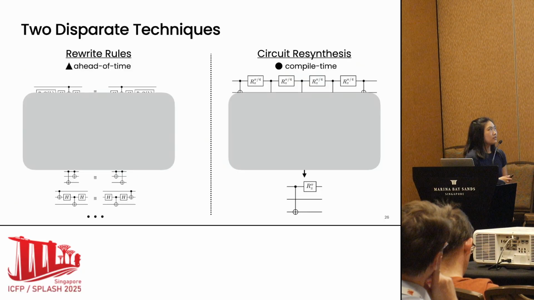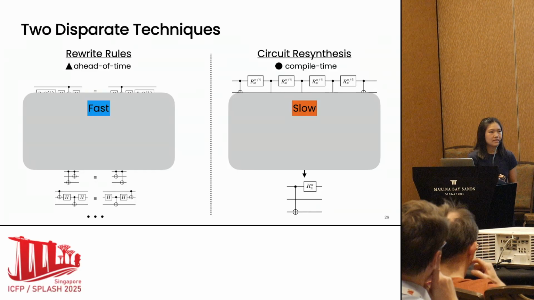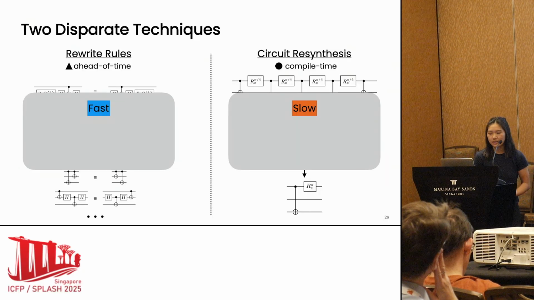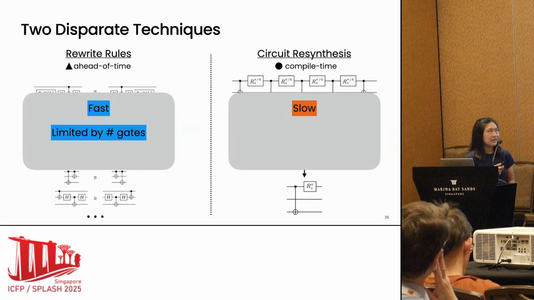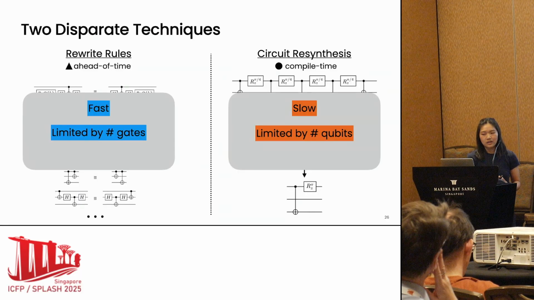And so these two techniques have complementary strengths. Firstly, rewrite rules are fast to apply because we can synthesize this database ahead of time, and it's very easy to just search for a pattern. But on the other hand, with circuit resynthesis, we're trying to solve this search over the space of circuits at runtime, and so that's going to be quite slow. But the thing is that rewrite rules are small patterns, so they're going to be limited in the number of gates that you can have in a rule, whereas resynthesis is not limited in this way.